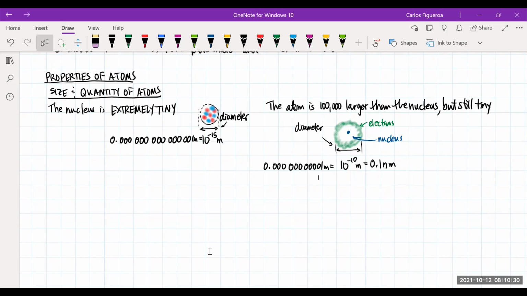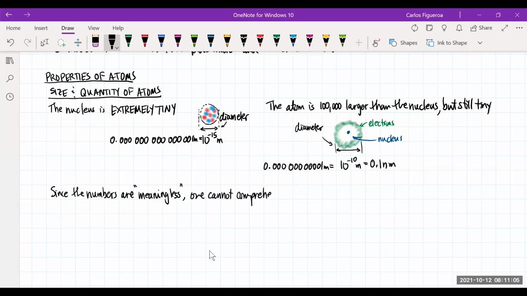Maybe a better way to answer this question, how small, is that since these numbers are meaningless, and what I mean by meaningless is we have no physical grasp of what they mean, one cannot comprehend their meanings.